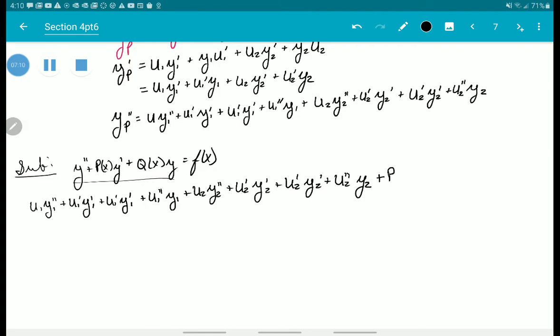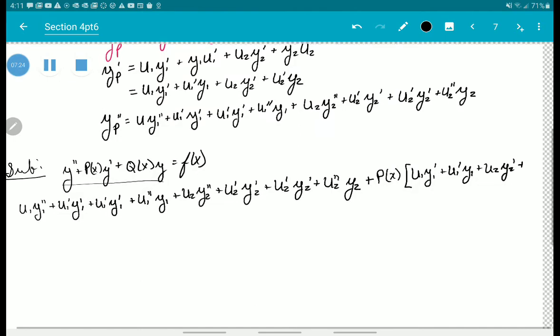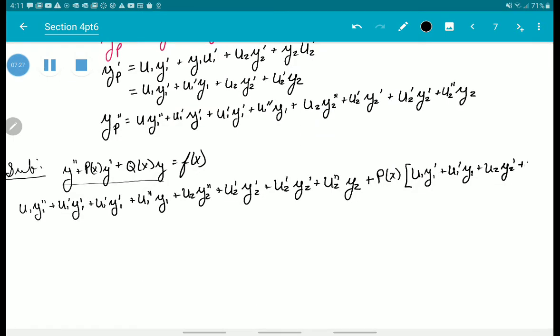So we have that function p of x times y prime, which we said was u1 y1 prime plus u1 prime y1 plus u2 y2 prime plus u2 prime y2.